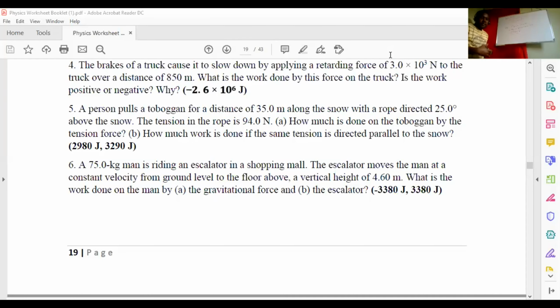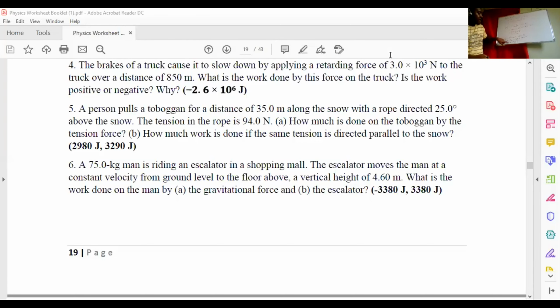But part B says if it's parallel to the snow. That means theta would be 0, so cos theta would be 1. So it would be 94 times 35 times cos 0, and cos 0 is 1, so it's basically 94 times 35, which gives 3290 joules.